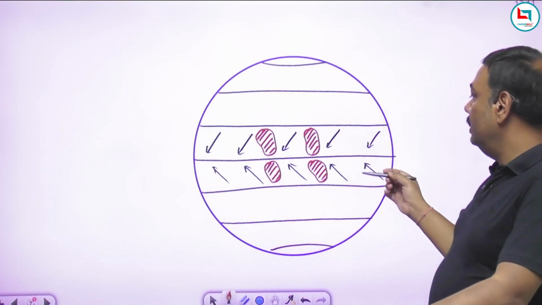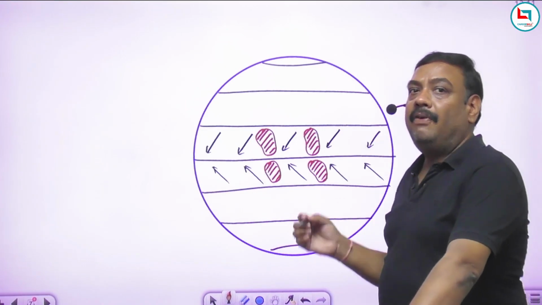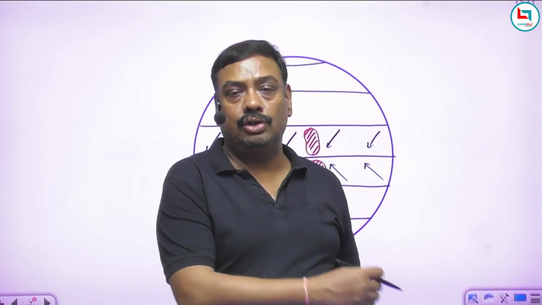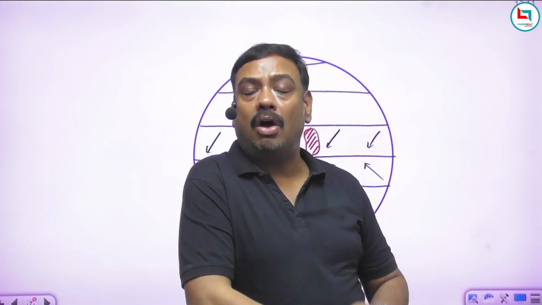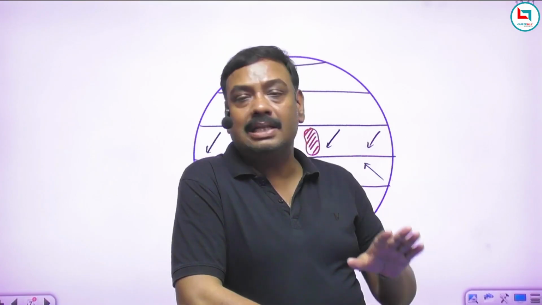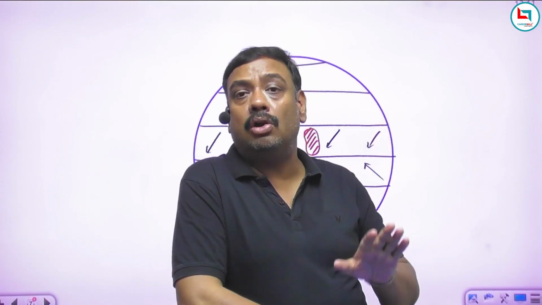Now see the second thing. If I was talking about the onshore winds, let us talk about the offshore winds. See, the nature of wind is similar, whether it is onshore or offshore. It is causing a kind of frictional force on the surface water.